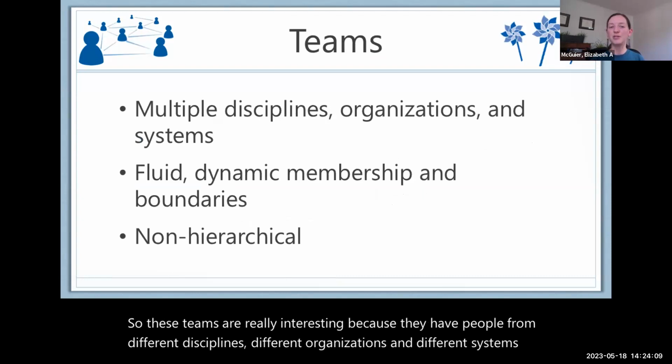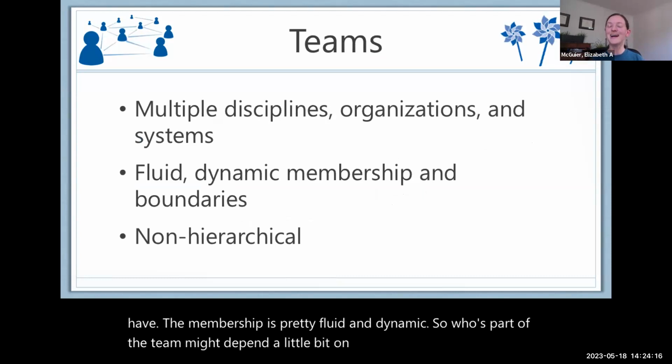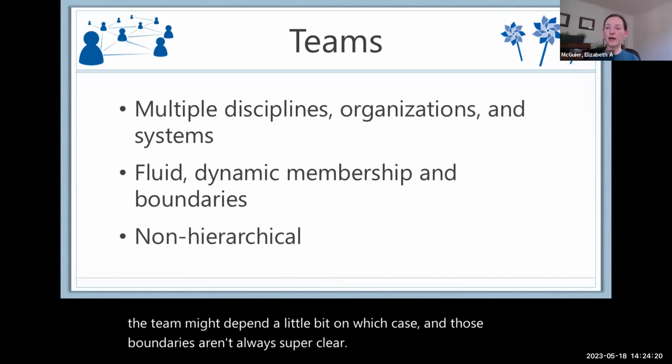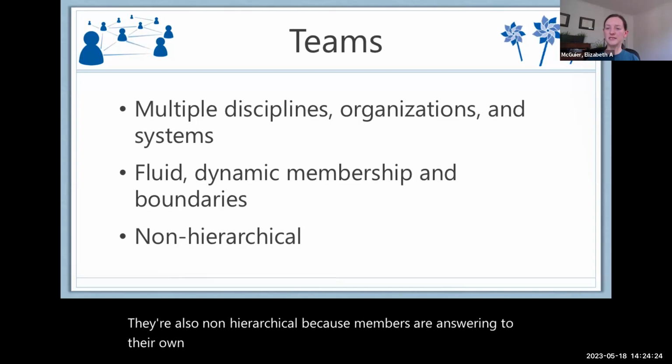And the membership is pretty fluid and dynamic. So who's part of the team might depend a little bit on which case. And those boundaries aren't always super clear. They're also non-hierarchical because members are answering to their own supervisors and agencies. They're not necessarily accountable to the same people as their teammates.